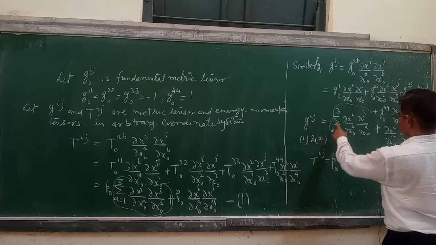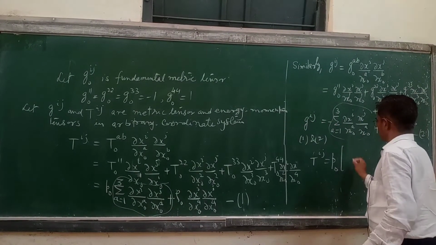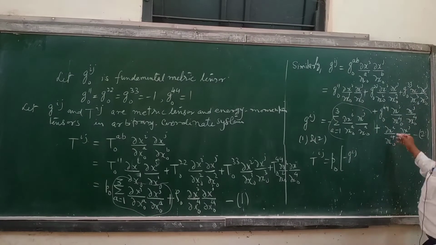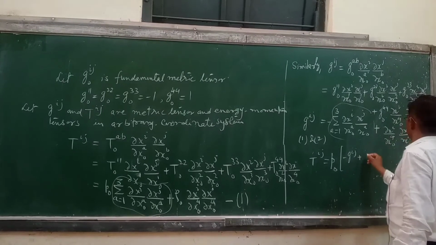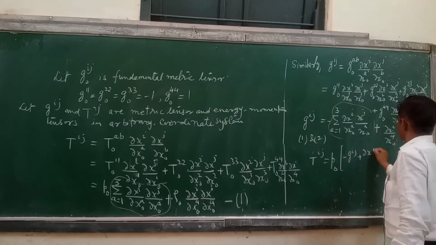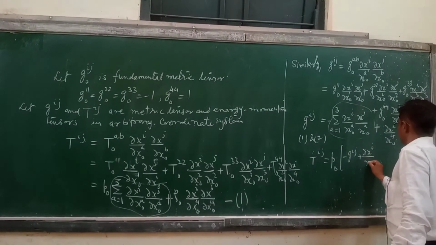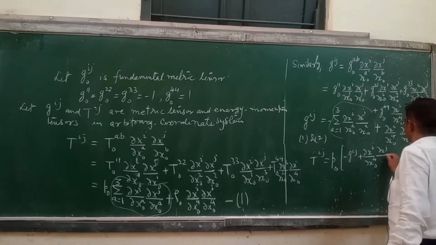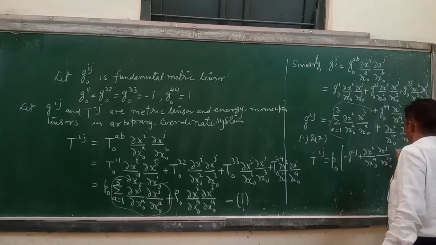So this is minus Gij plus del x I upon del x 4 del x j upon del x 4.